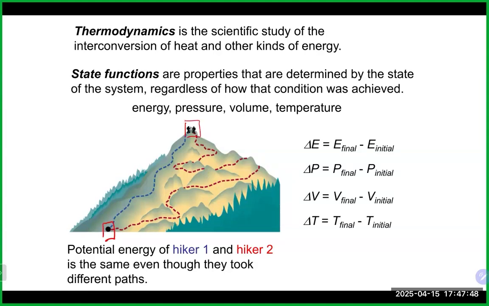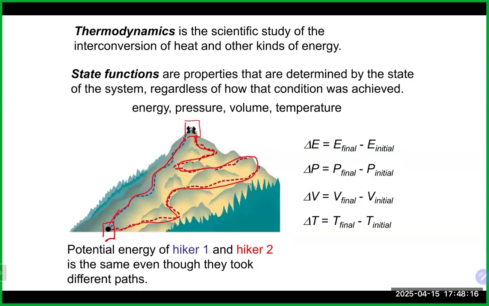If we look at these two hikers, for example, the hiker in red took the scenic route around the mountain, took some pictures, some selfies as he was coming up the mountain. The blue guy took the more direct route up the mountain. In terms of their potential energy, they have the same potential energy as they both started and ended in the same spots.